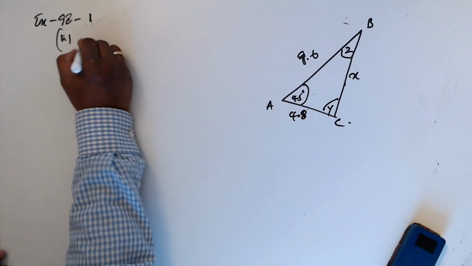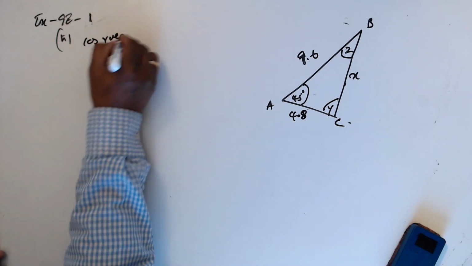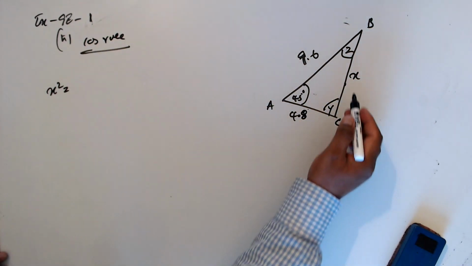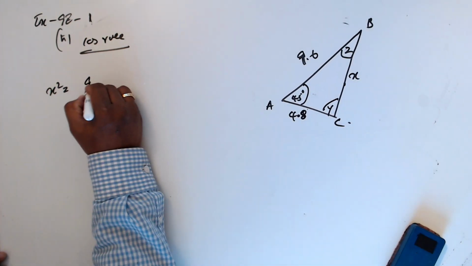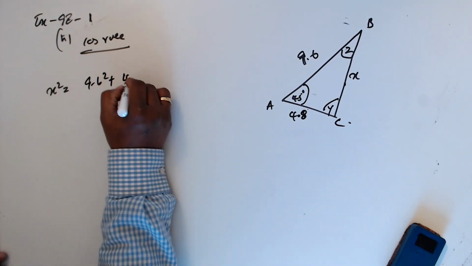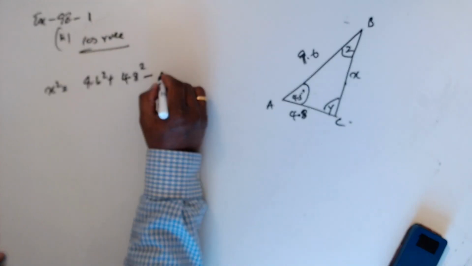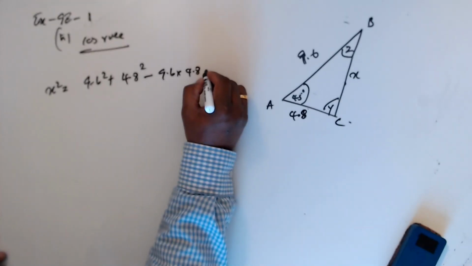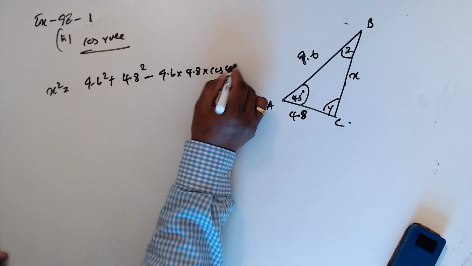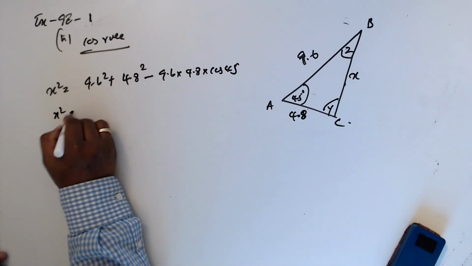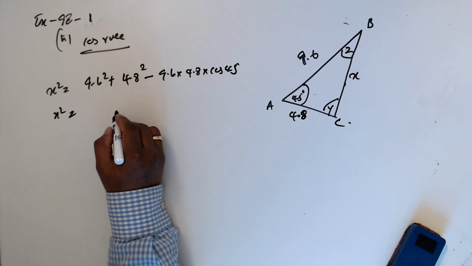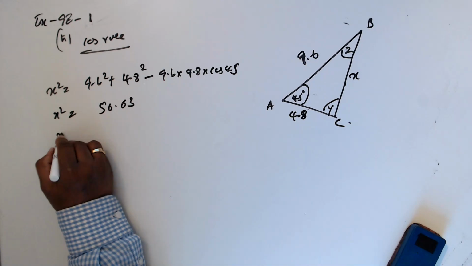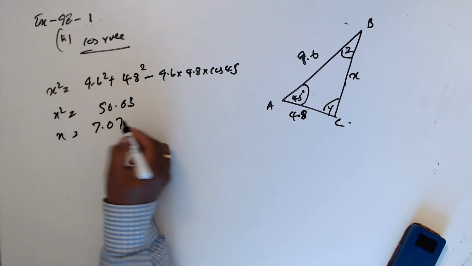First of all, from the cos rule, x squared equals 9.6 squared plus 4.8 squared minus 9.6 times 4.8 times cos 45. So x squared equals 50.03 and x equals 7.07.